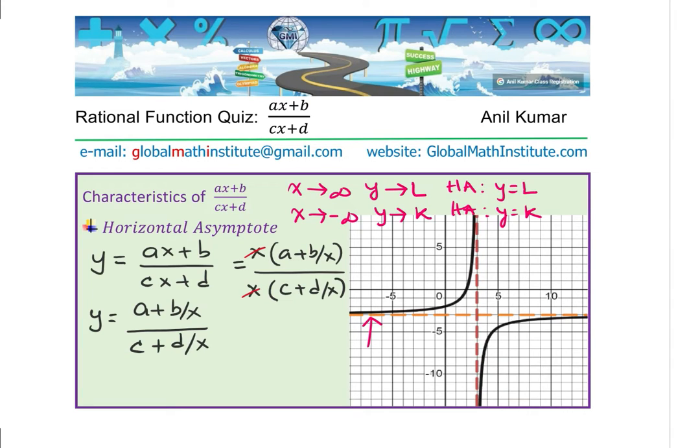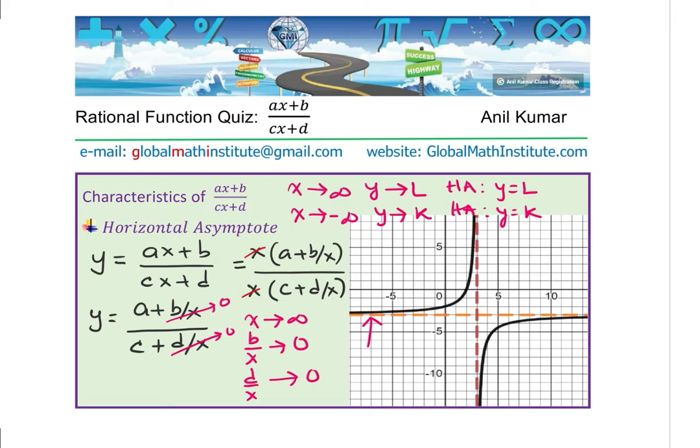Now see what happens when x approaches a large value, let's say positive infinity. In that case, what will happen to b over x? Well, that will approach 0, and d over x will also approach 0. Do you see that? So these values approach 0, right? So we can ignore them since they are approaching 0.